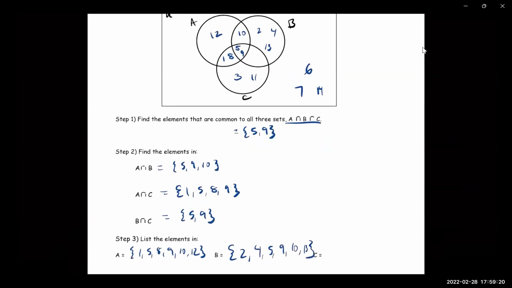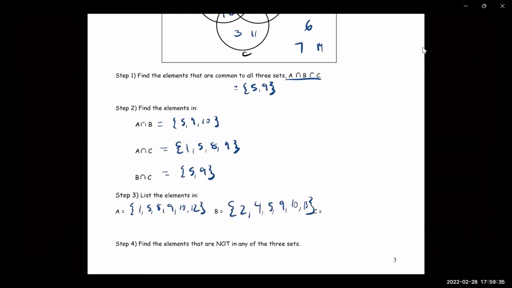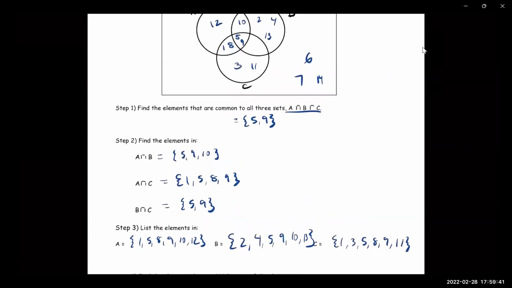And then the last one, what would you guys put in C? Basically everything in that circle. So 1, 3, 5, 8, 9, 11.